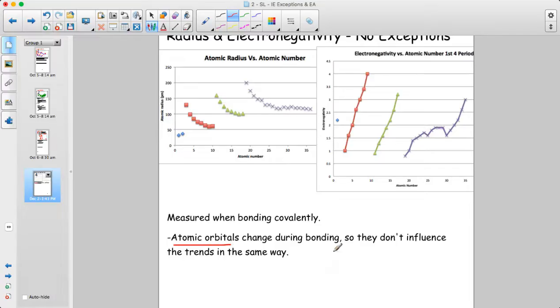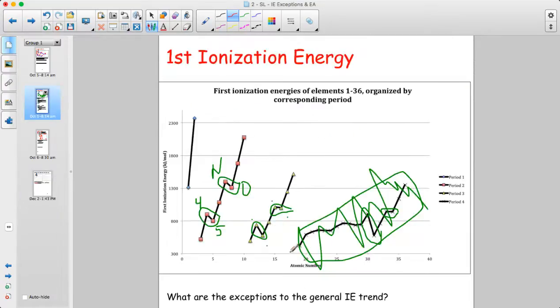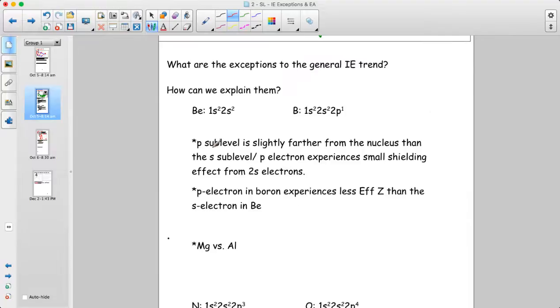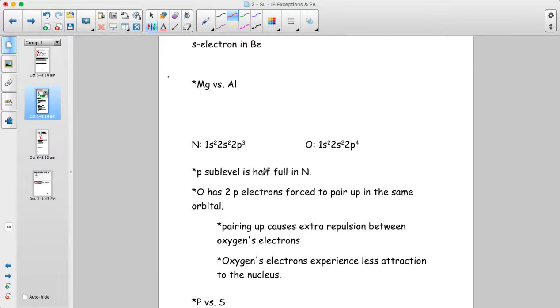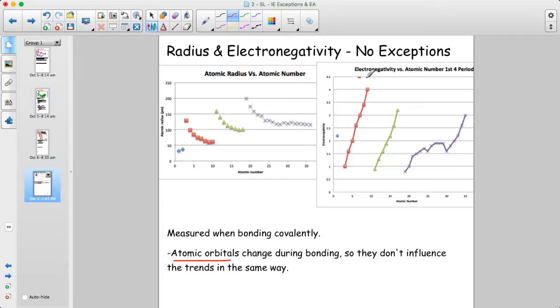But it means that those really specific detailed things about atomic orbitals, like P's versus S and P4 versus P3, don't have the same impact on electronegativity or atomic radius. So there aren't any funny exceptions to these trends. They just either go down across the groups or they go up across the groups.